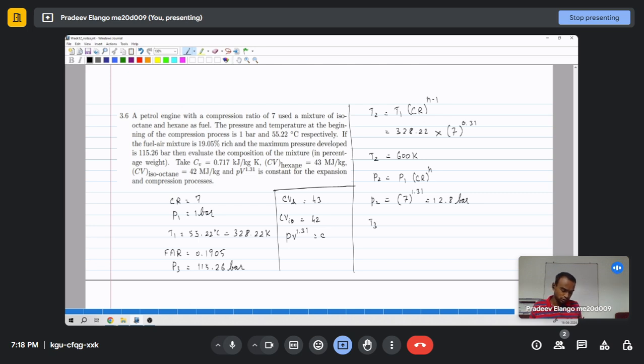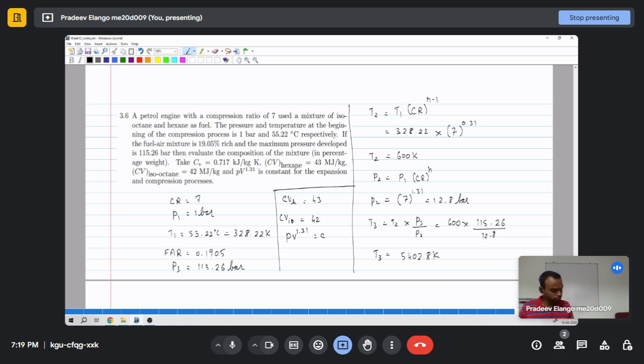Now T3 is equal to T2 into P3 by P2. That is 600 into 115.26 divided by 12.8. So T3 is 5402.8 Kelvin.